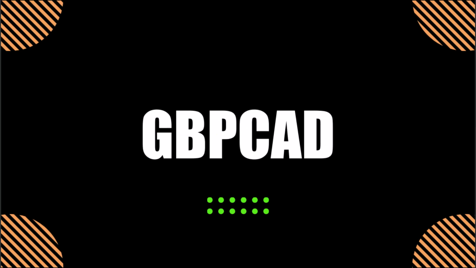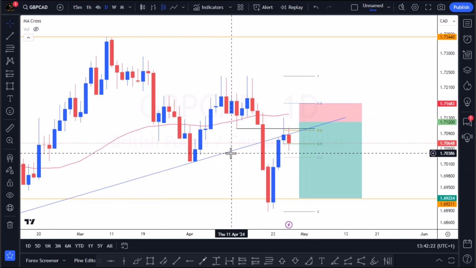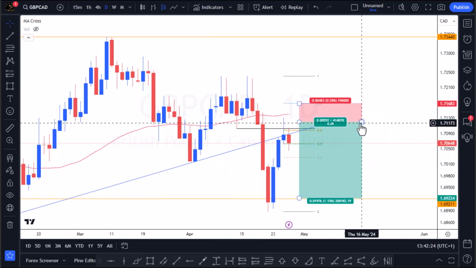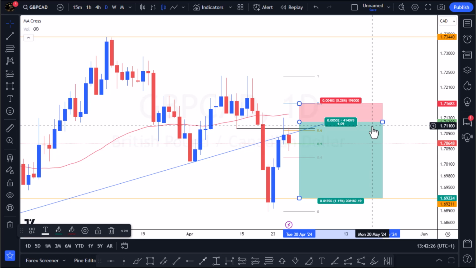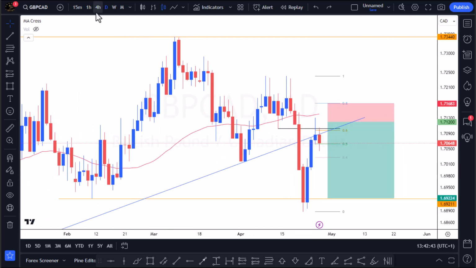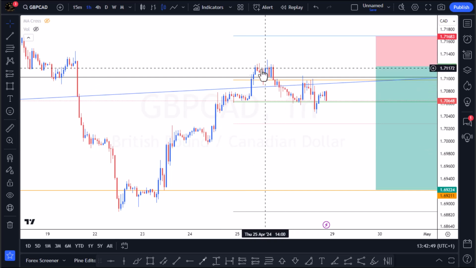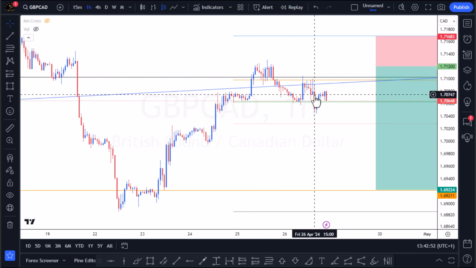GBP Canada. I won't talk much about GBP Canada. The forex forecast I shared in the previous weekly forex forecast is still active on this currency pair. Members in my trading community are currently in a short position with some profit. Our entries were detected on the 1-hour chart.